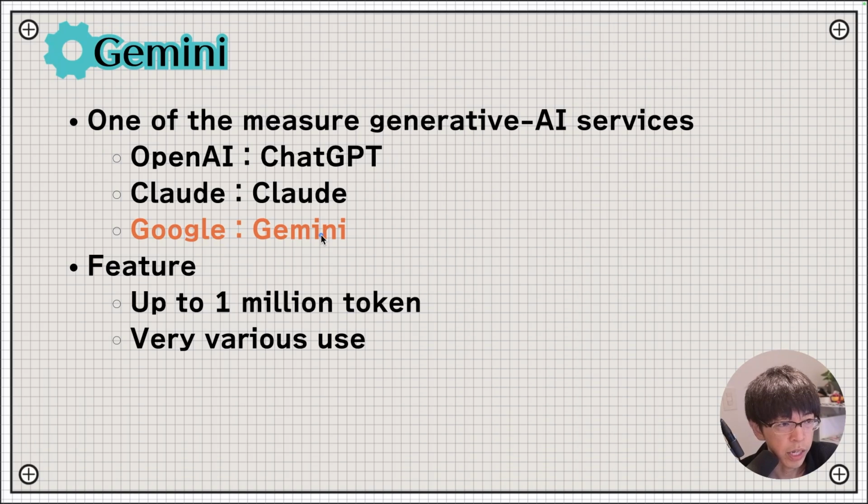When I implemented it in the service, that code worked very well. I faced these situations many times, so recently I prefer to use Gemini instead of ChatGPT.